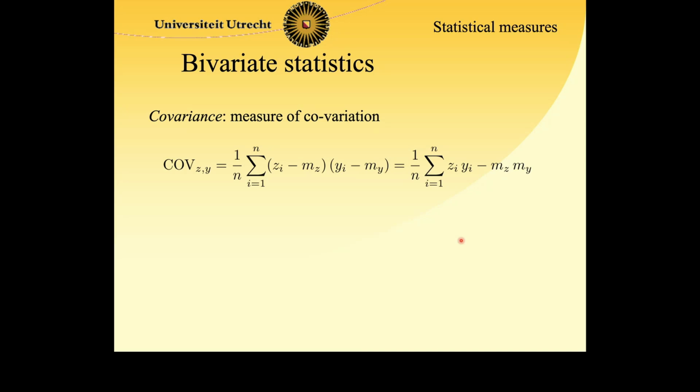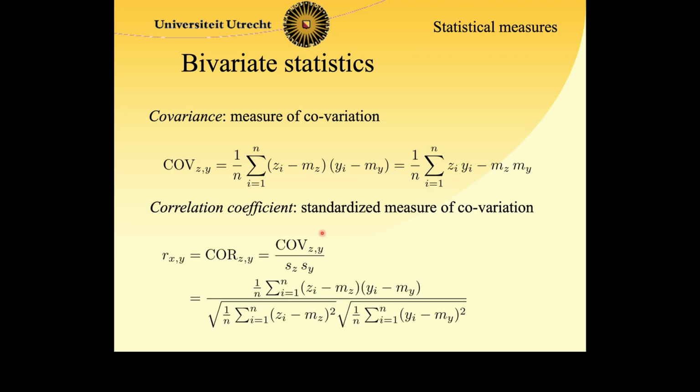For instance, you can imagine that a larger value of recharge goes together with a lower value of salinity, right? So they can also have a negative association, and then the covariance becomes smaller than 0.